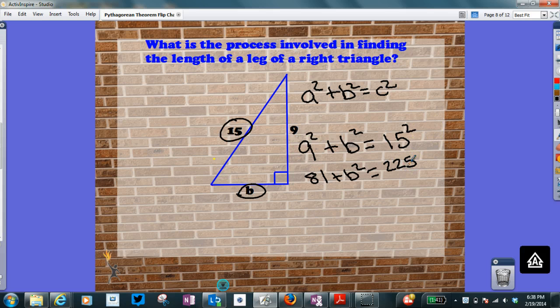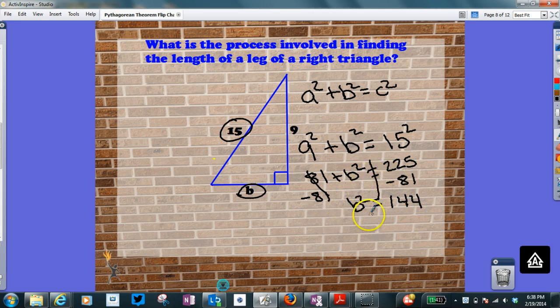So I really haven't done a whole lot different than what I have been doing, except here now I want to get b by itself. Just like in a regular equation, subtract 81 from this side, minus 81 from that side. B squared equals 225 minus 81, and I get 144.